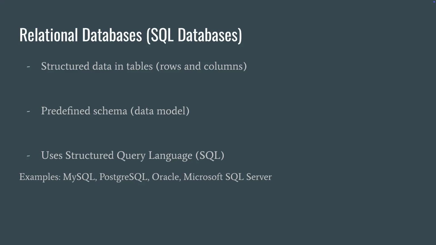Now, relational databases, also called SQL databases. Relational databases are the oldest and most traditional form of modern database systems. They store data in tables composed of rows and columns, and you can think of it as an Excel spreadsheet. Each table typically represents a real world entity.